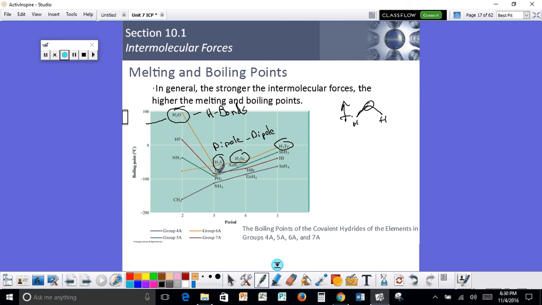Now, we should also note that we see this trend that as we increase the number of electrons in the molecule, the boiling point starts to increase again. So why are these increasing? Well, these are increasing because London dispersion increases, and it increases because of polarizability.